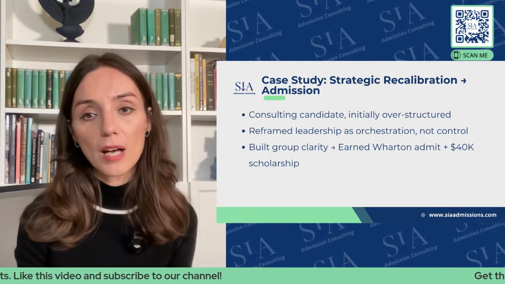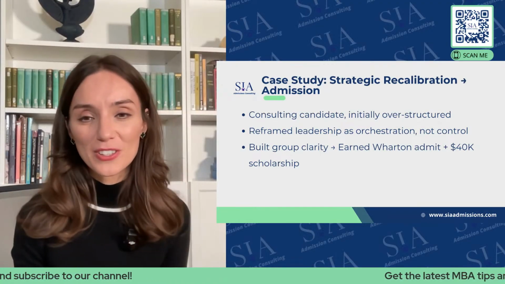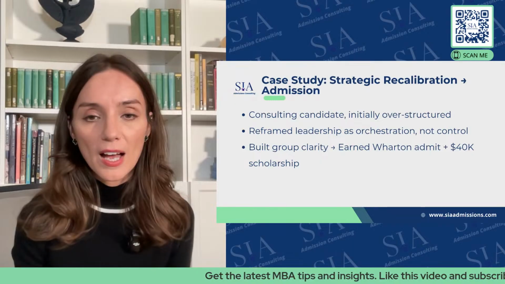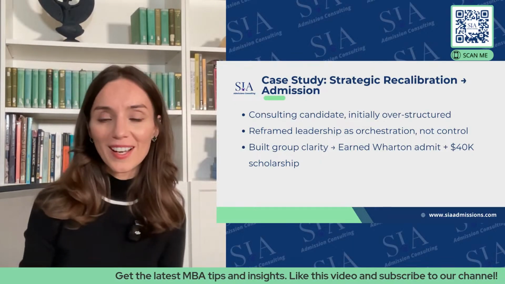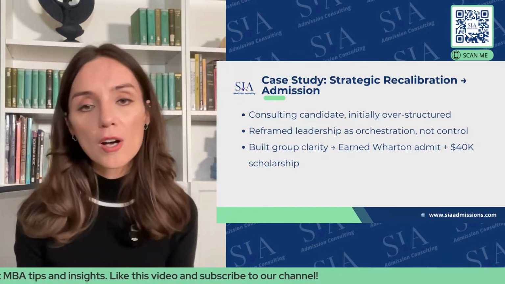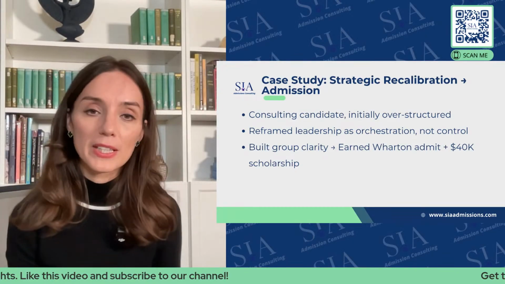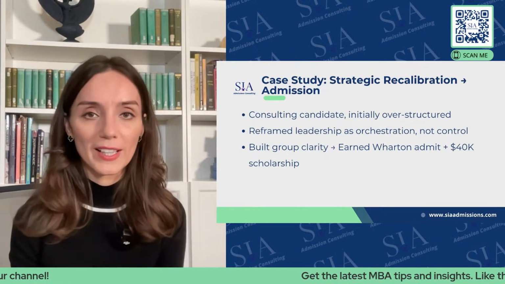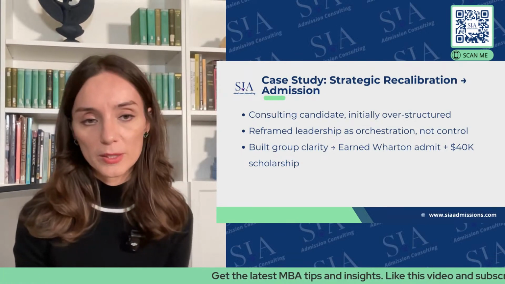And I believe that's what helped him gain admission with a $40,000 merit scholarship. The win wasn't charm. He learned to project authority through calm synthesis, the exact leadership signals that Wharton is looking for in candidates when they're going through the Wharton TBD.